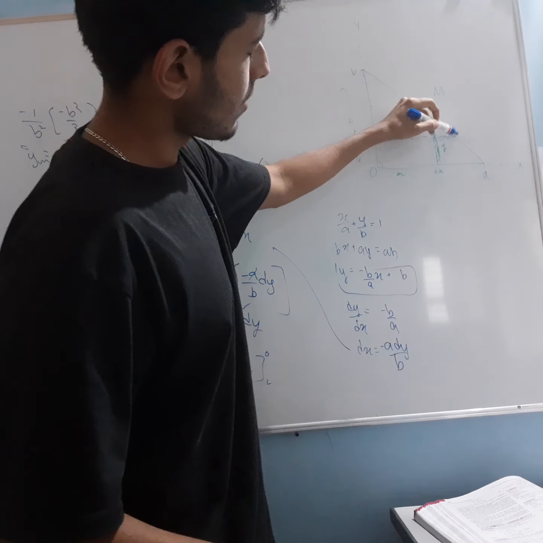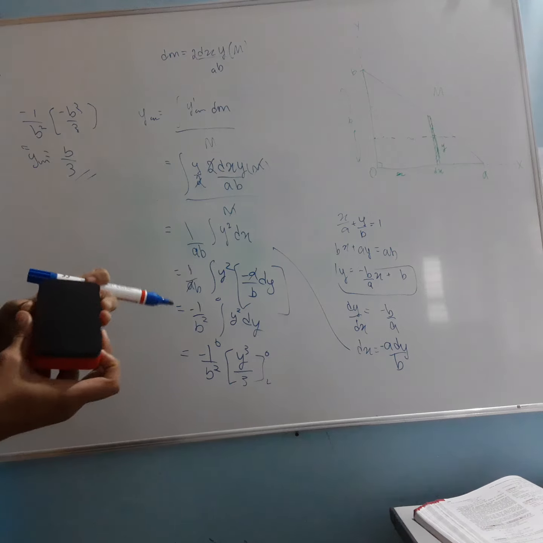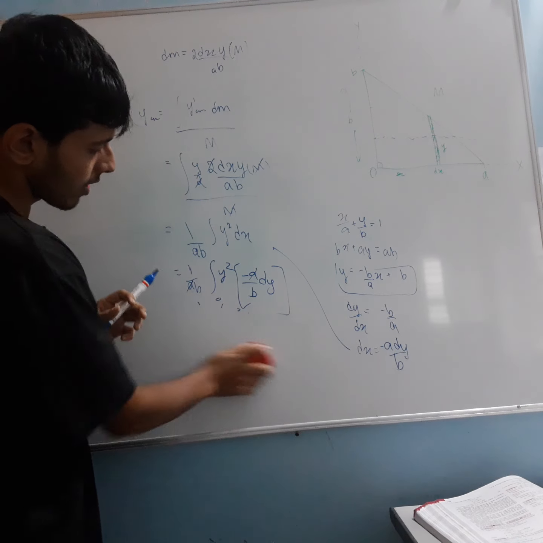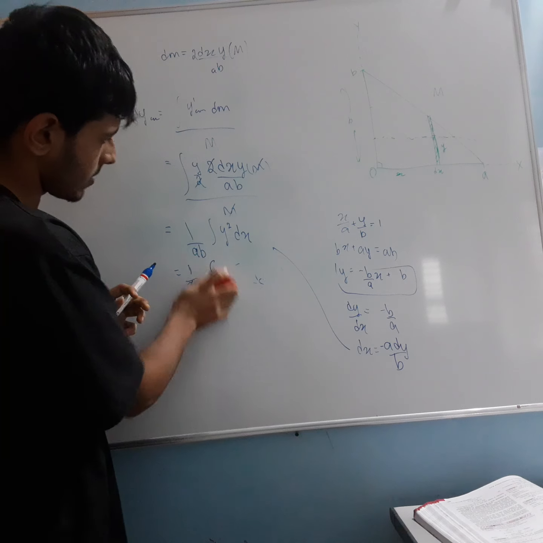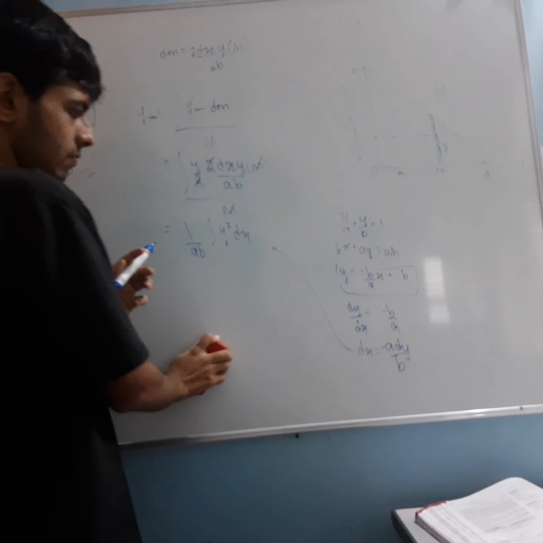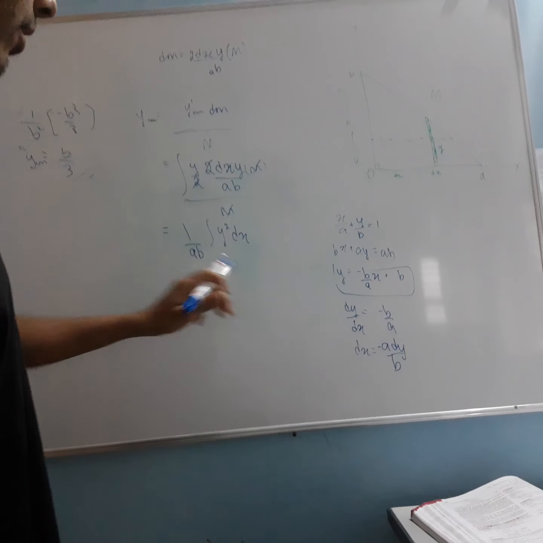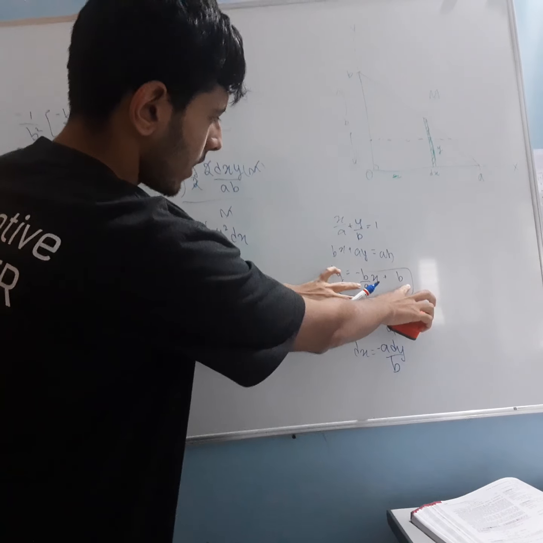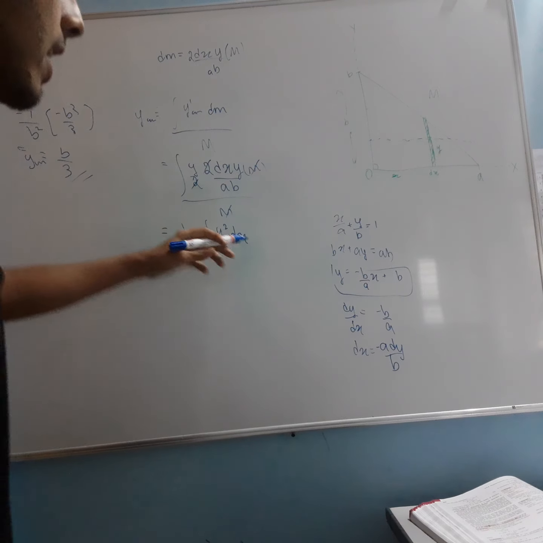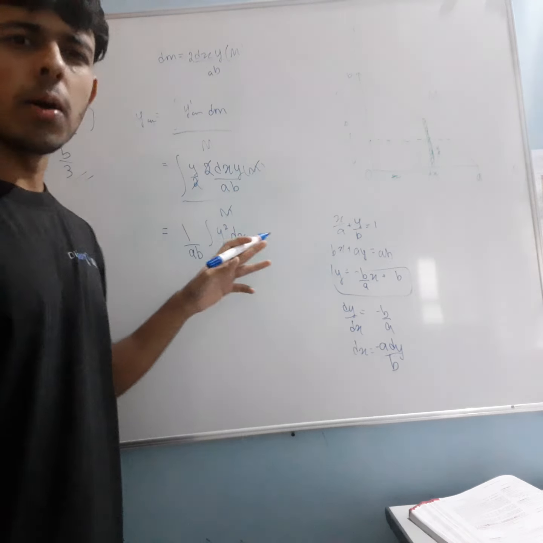It lies somewhere a third of the distance from the origin. And now we have to repeat the same procedure and find it for the x center of mass. We could take this y is equal to minus b by a x plus b and substitute it out here and get a very complicated integration.